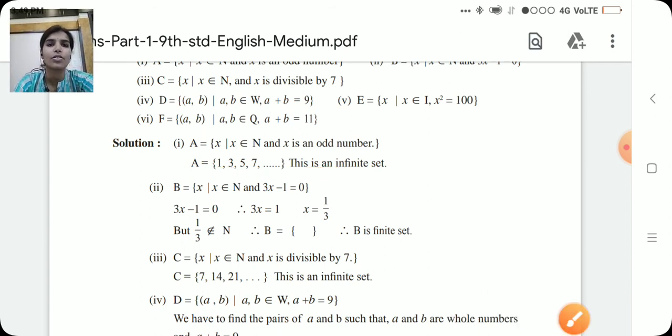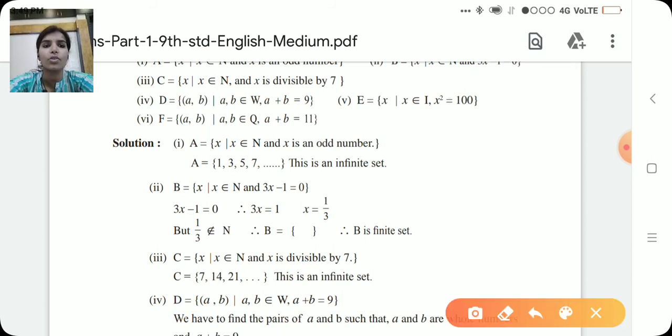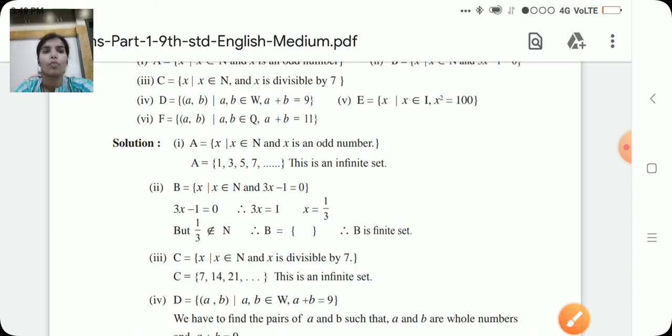Then we have our second example. B is the set of all x, where x is a natural number and 3x minus 1 is equal to 0. Here one condition is given to you: 3x minus 1 equals 0. You can solve that. Therefore 3x equals 1 and x equals 1 by 3.